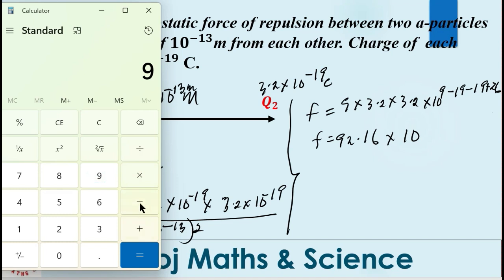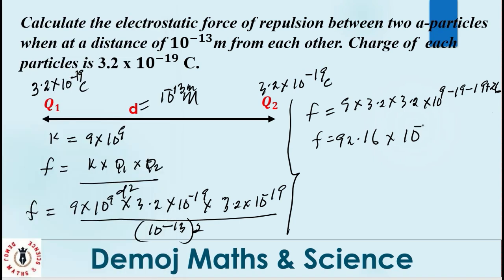That's 9 minus 19 minus 19 plus 26. That's minus 3. That's 10 raised to power minus 3 newtons.